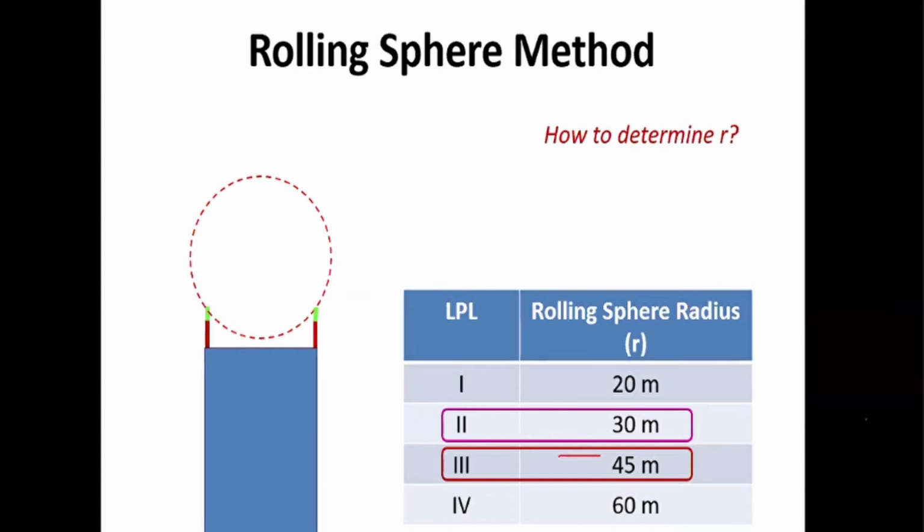Or alternatively, instead of these two green extensions, you can have a third one in the middle of the building, so that it will not touch the building, because it will touch the air termination.